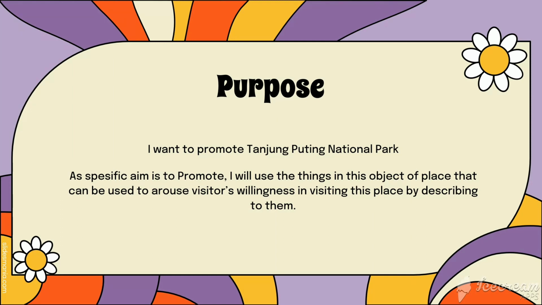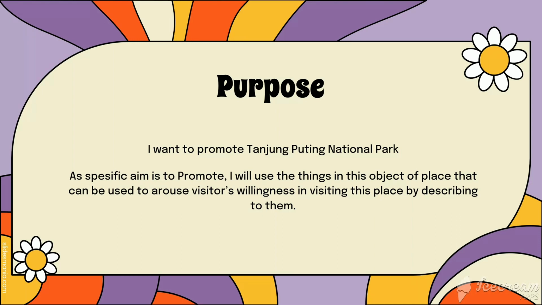So what will you use here? Okay, you are right. So you have to use the things in this specific object or place that can be used to arouse visitors' willingness in visiting this place, of course by describing to them. Based on the purpose, you have to describe the place to reach the target or the purpose of the text, that is to promote.